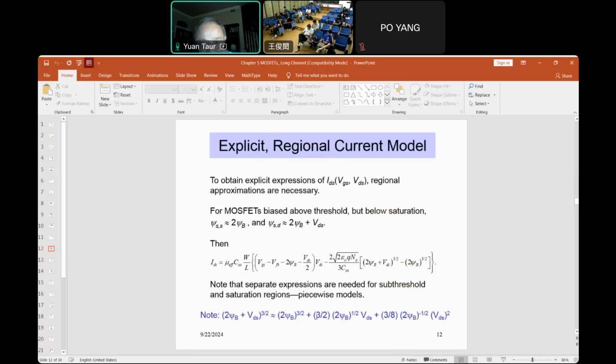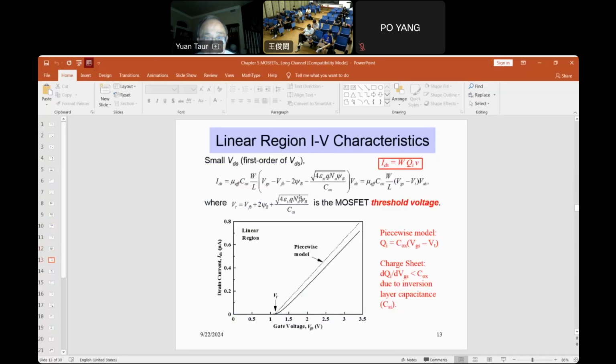Okay, so it's only this 3 halves. And for that, we can express in the linear region IDS equal to this. So IDS is proportional to VDS, like a resistor, but with this VGS dependence expression here.